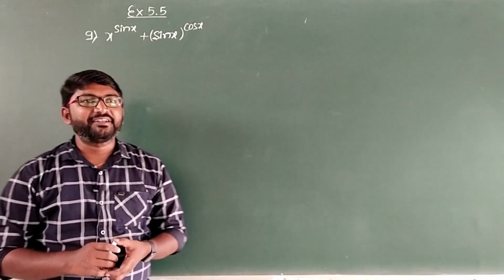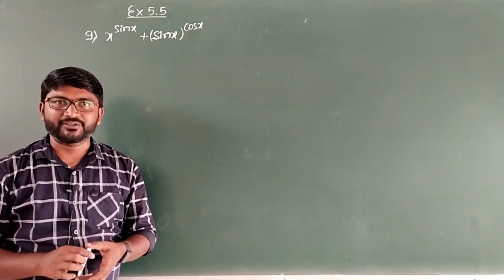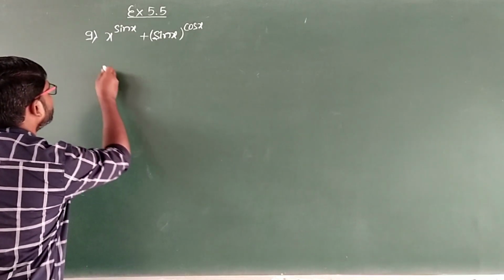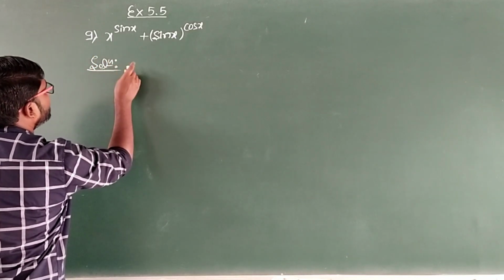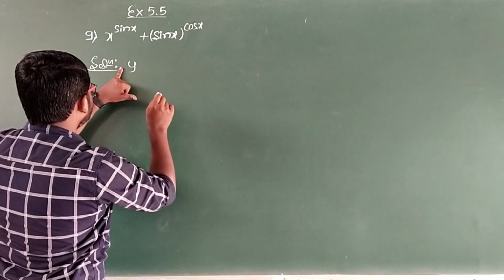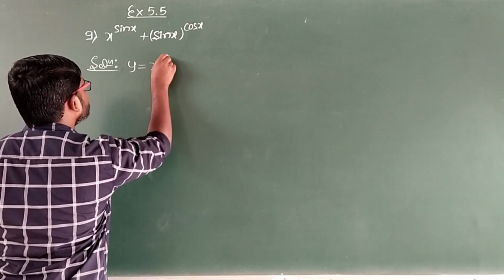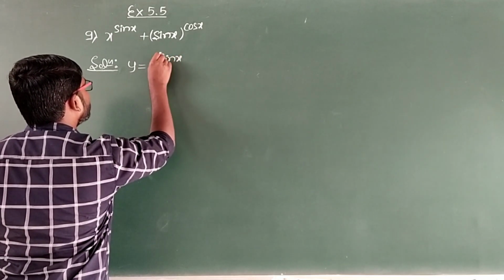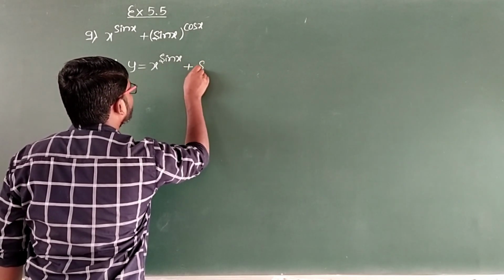Well, question number 9: it is x to the power sin x plus sin x to the power cos x. So let us take this as y and we'll continue with the same procedure. y is equal to x raised to sin x plus sin x to the power cos x.